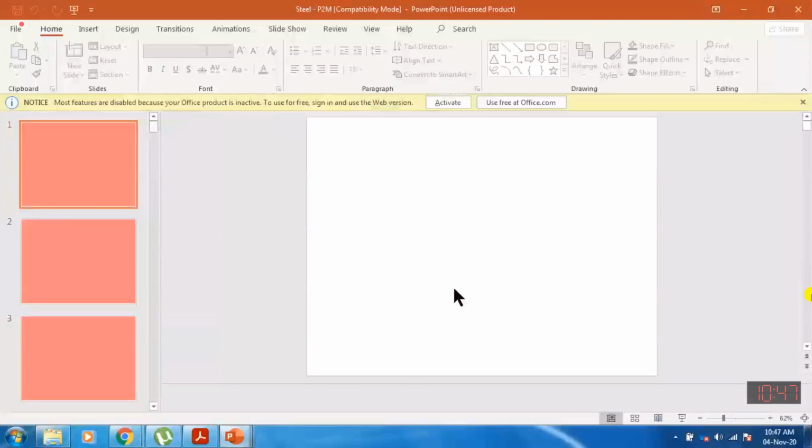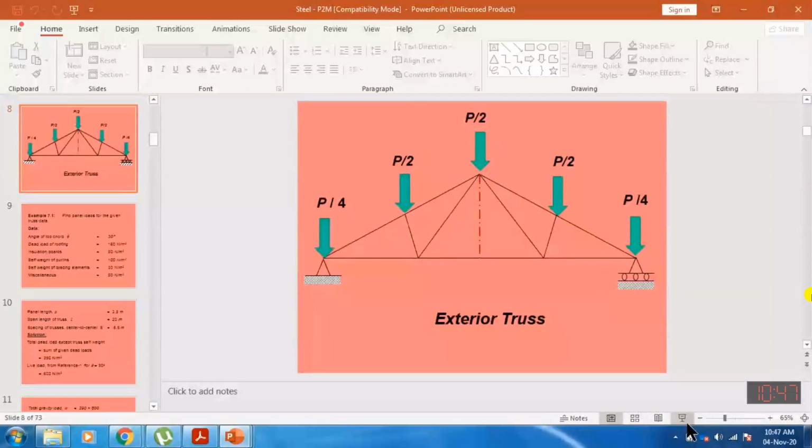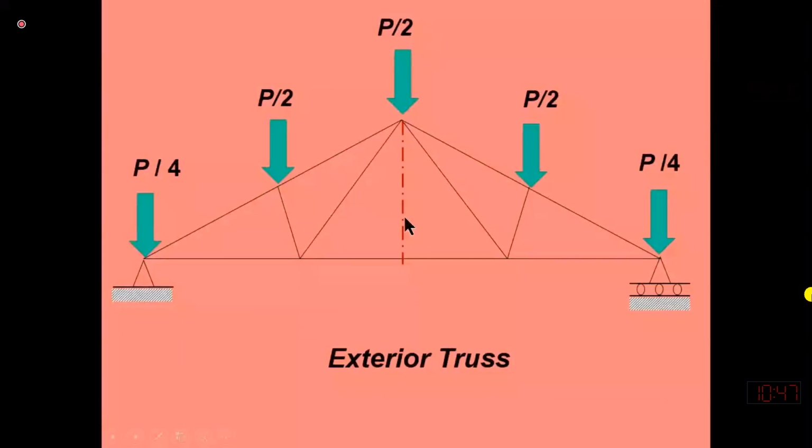Okay, let me explain from this slide. For example, this is the line of symmetry. But assume that we also have this member. If you are analyzing this truss, this member will not have any force. It is a zero force member. You already have studied this in elementary structural analysis.